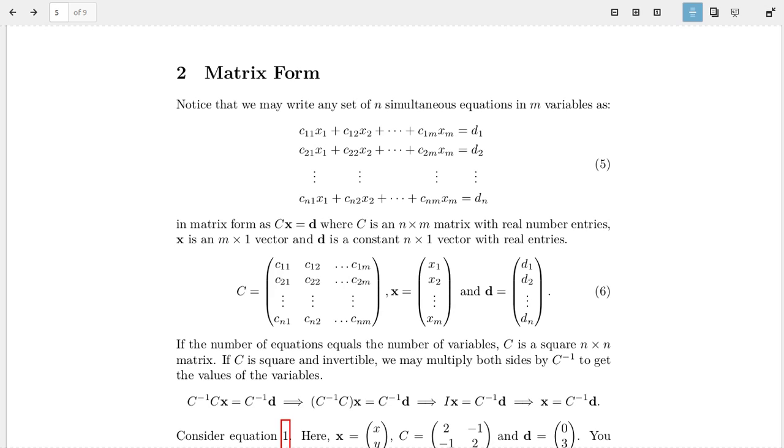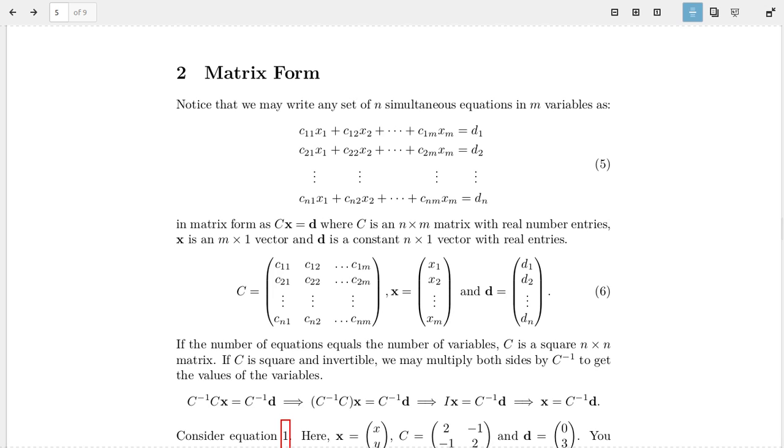We can write them in general as c11x1 plus c12x2 plus dot dot dot c1mxm equals d1, c21x1 plus c22x2 dot dot dot c2mxm equals d2. These dots, for example in the second row, represent c23x3 plus c24x4 all the way to c2mxm. Of course, going all the way down, cn1x1 plus cn2x2 all the way to cnmxm equals dn.